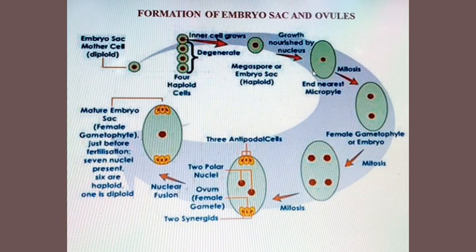Its nucleus undergoes division by mitosis to form 2 daughter nuclei within the cell, and it forms what we call the female gametophyte or the embryo.